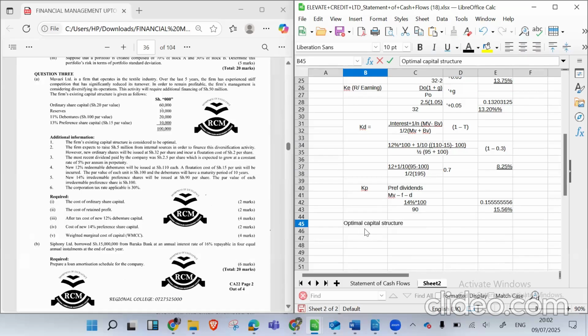The optimal capital structure. In our optimal capital structure, we have the source, the amount, and the weight.